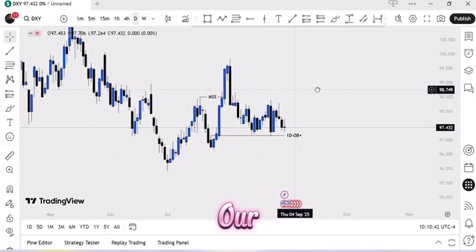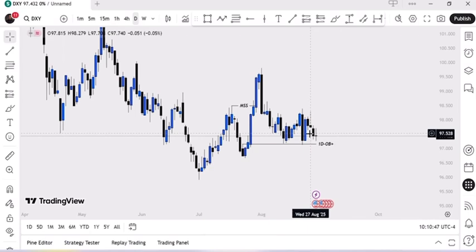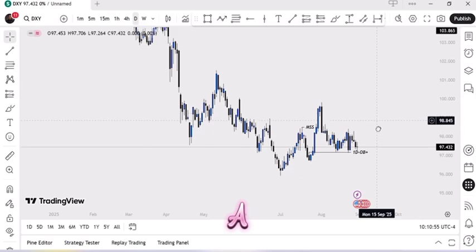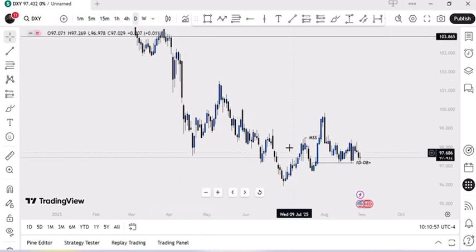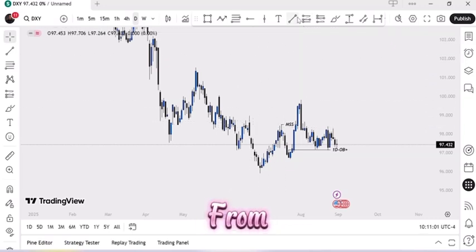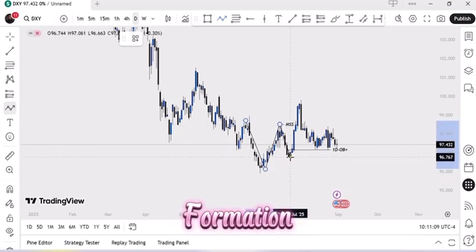This is our daily time frame. I start my top-down analysis from the daily time frame. On the daily time frame, you can see that the previous week we had a shift in market structure. Price was trading all the way down from here, and then at this point price shifted structure, leaving us with a mitigation block formation.